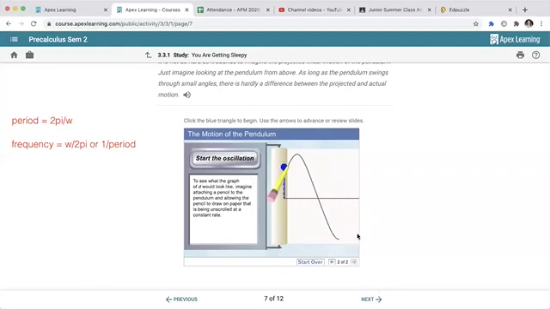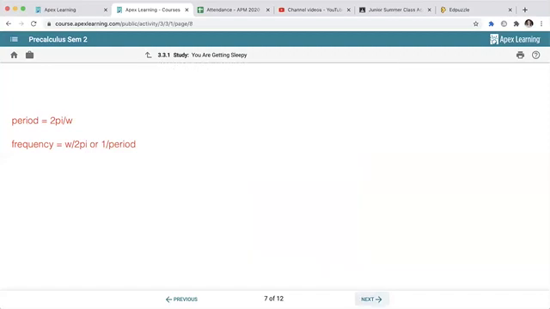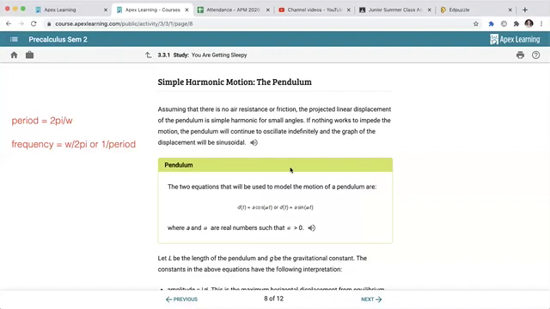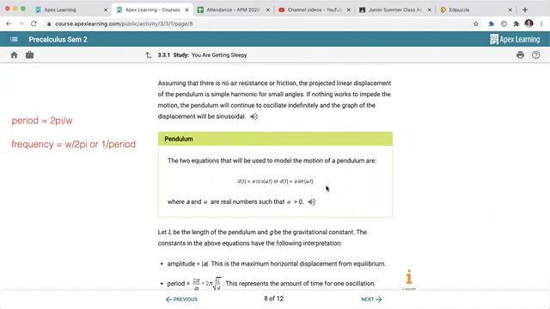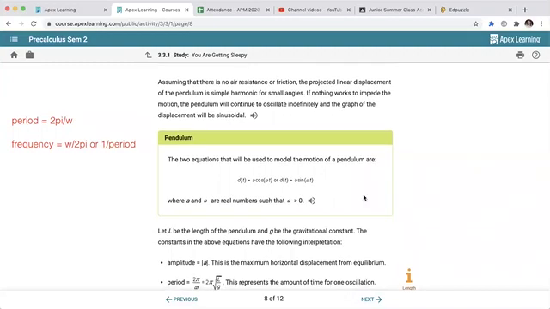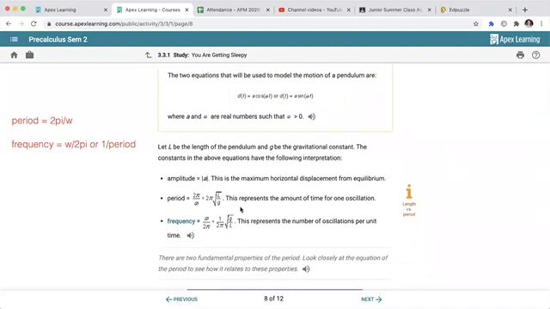Again, they changed the way the drawing was made, so I know it looks like it's going up and down right now, but imagine this is going left and right like the pendulum. The pendulum will have the same equations because it's making the same motion.